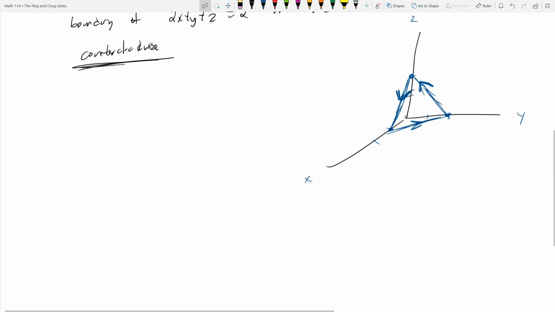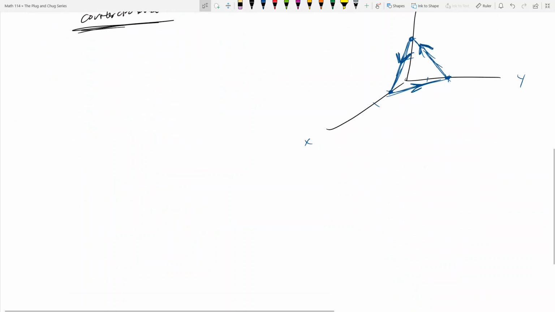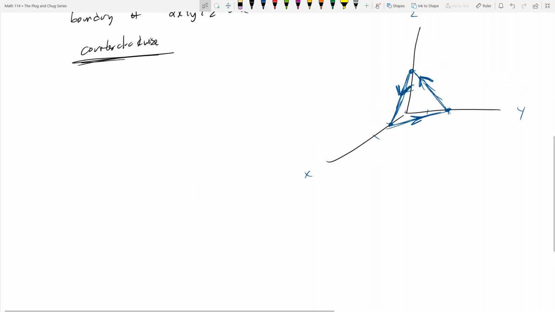That means we need to find each individual piece, and the first thing we need to find is curl F. So what is curl F?